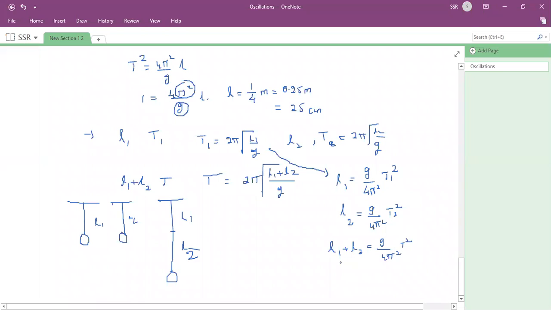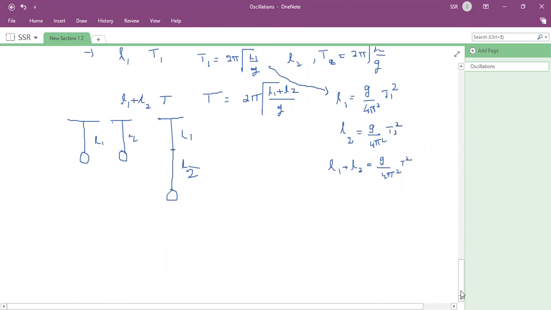Then these three equations you can compare. L1 plus L2 is g by 4 pi square T1 square plus g by 4 pi square T2 square, equal to g by 4 pi square T square. You can substitute L1, L2 values here. Left side g by 4 pi square into T1 square plus g by 4 pi square into T2 square is equal to g by 4 pi square into T square.